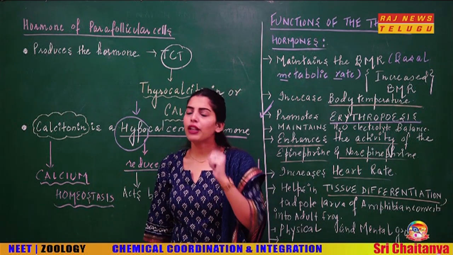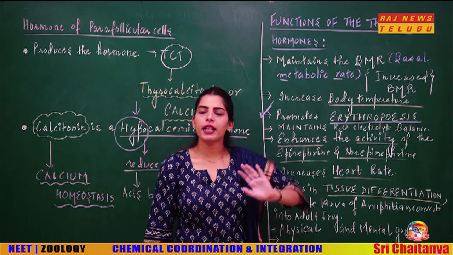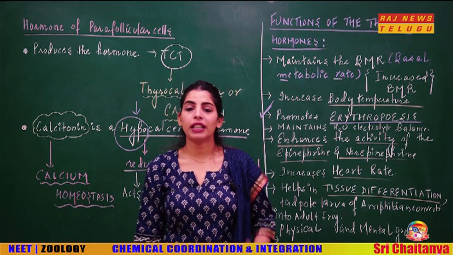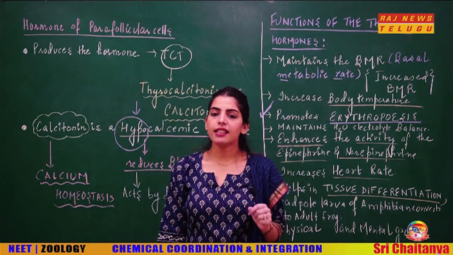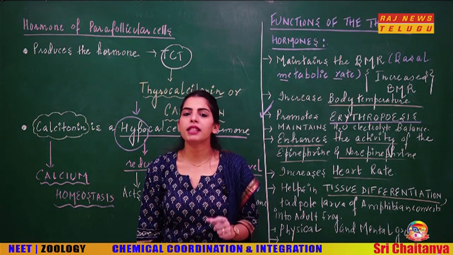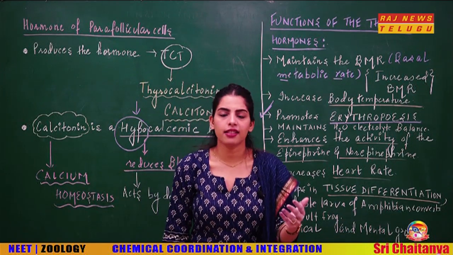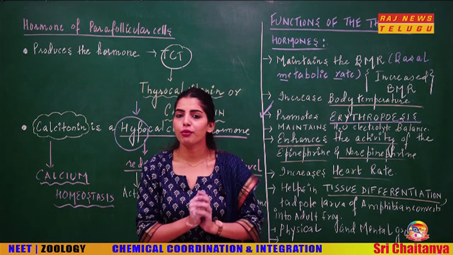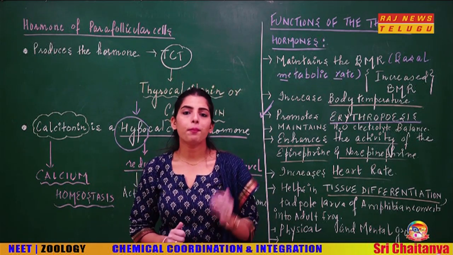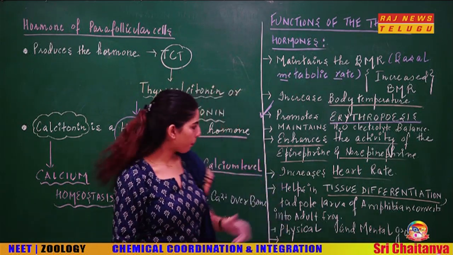But when we specifically talk about erythropoiesis, erythro is related with erythrocytes, that is the RBC. So when I say erythropoiesis is enhanced, that means thyroid hormone increases RBC production.